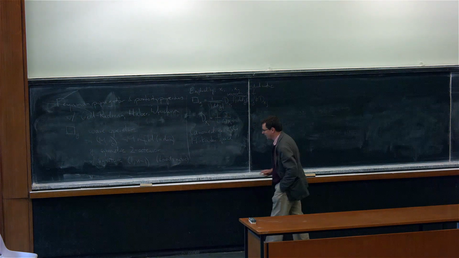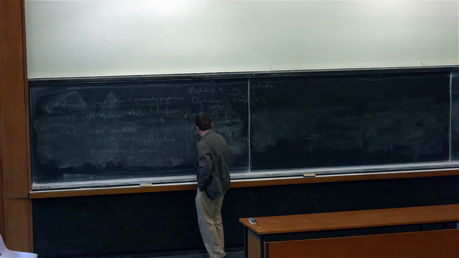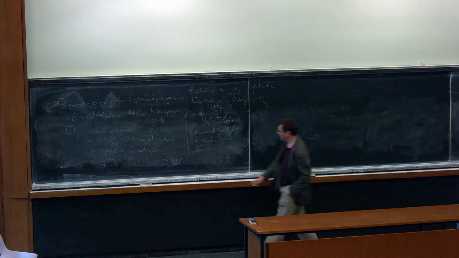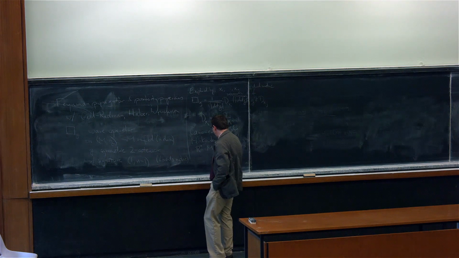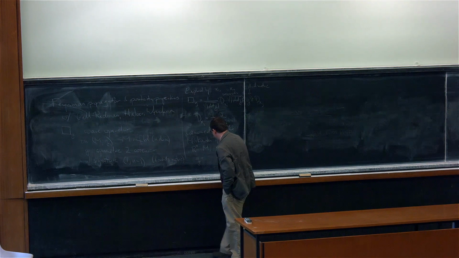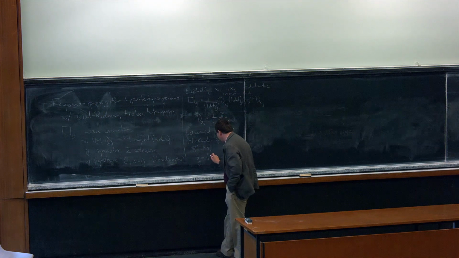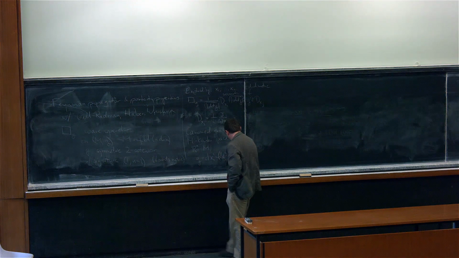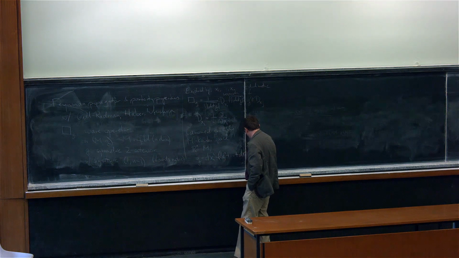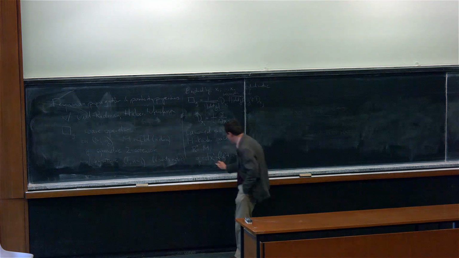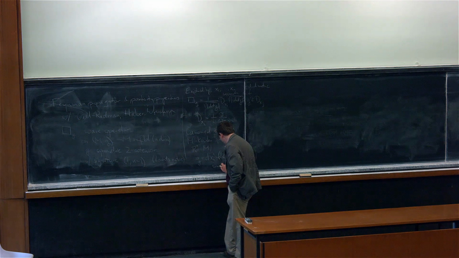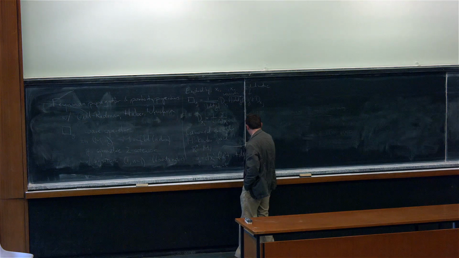In which case R^n is the underlying manifold, and the metric is just, with this signature, say dx_n squared minus dx_1 squared plus through dx_{n-1} squared. So this is time, and these things are space.